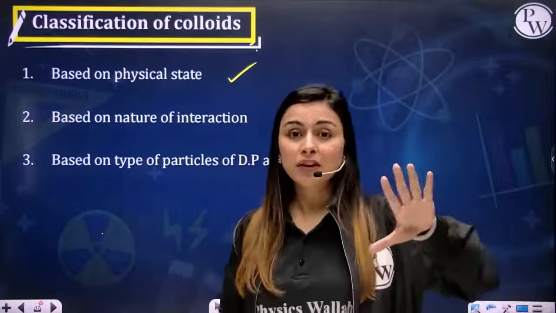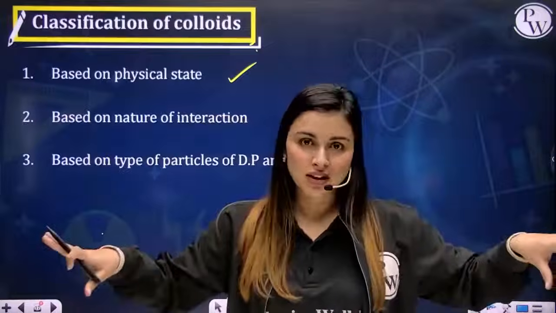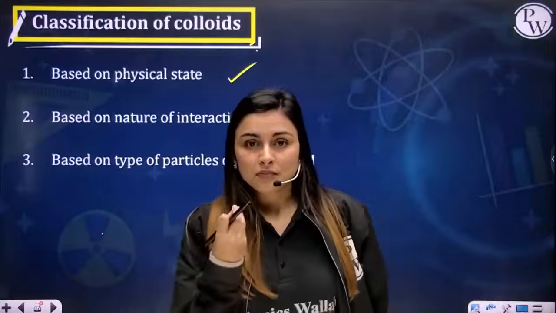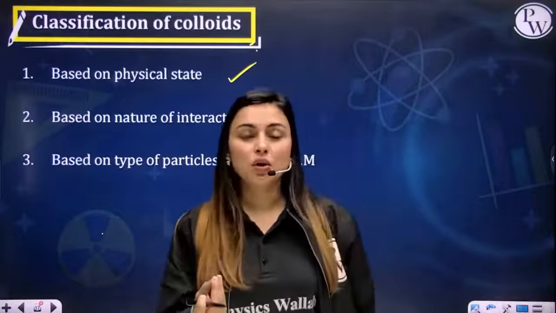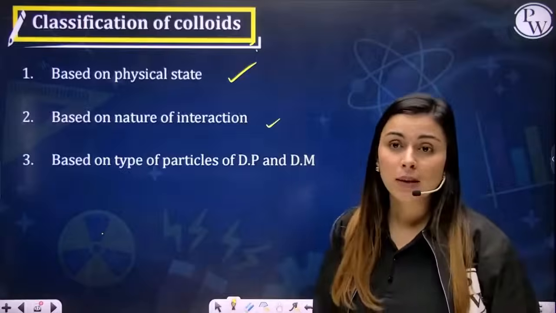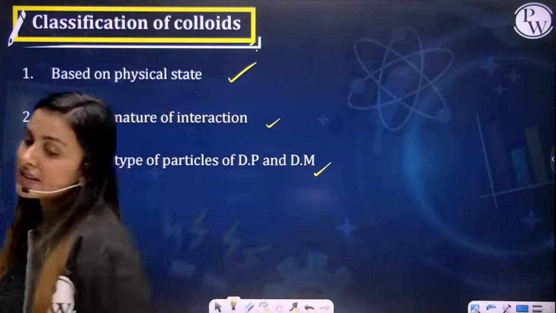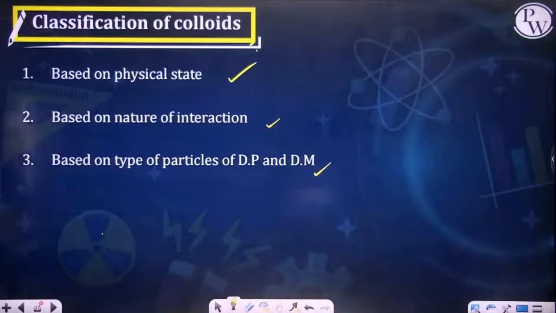You have one dispersed phase and one dispersion medium. Second is based on the interactions between the particles, and third is based on DP and DM. So these are the few things which we will be discussing today. Please write it down and then we'll move forward. I hope you've written it.